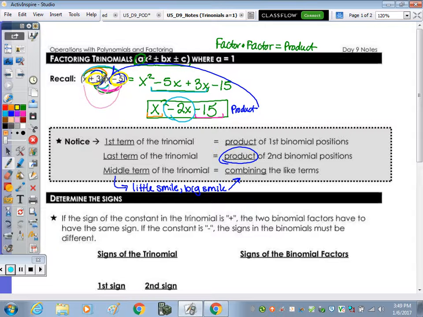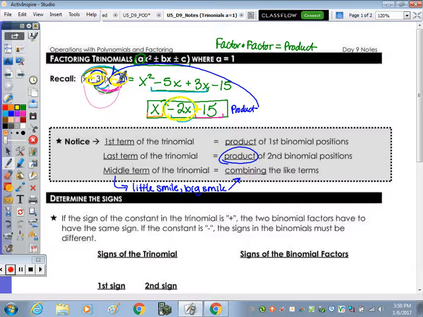A positive times a negative is a negative. If it was positive times positive, we would have a positive 15. In addition to positive times positive, it could have been negative times negative gives you a positive 15. The middle term is all affected, again, by those two terms.